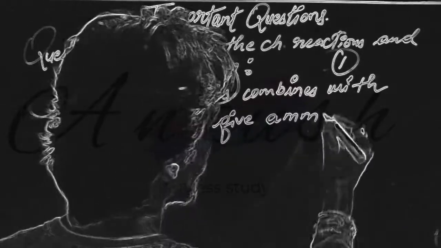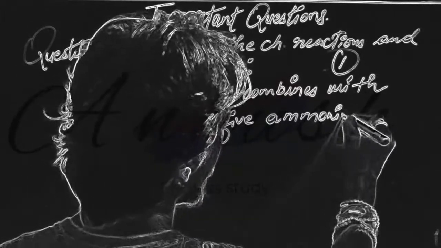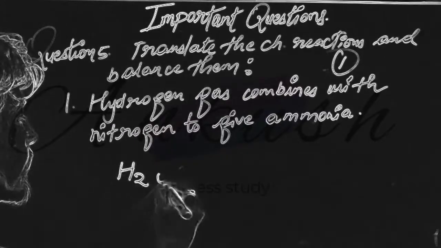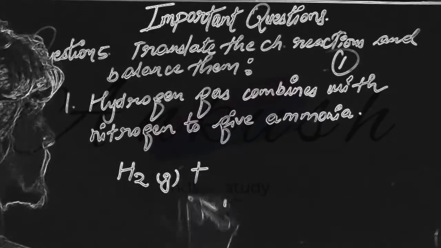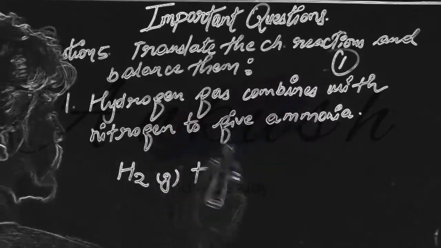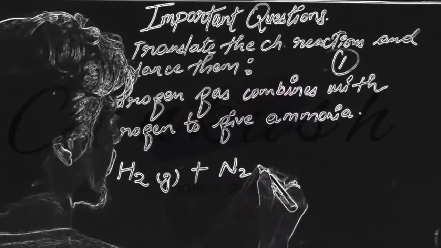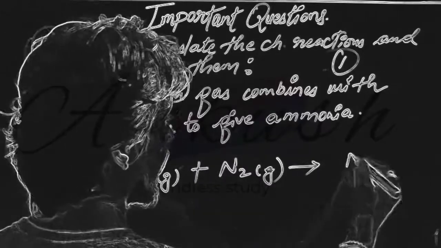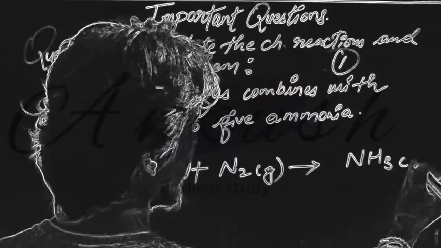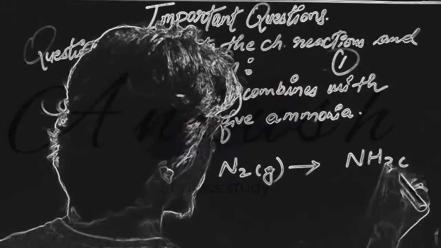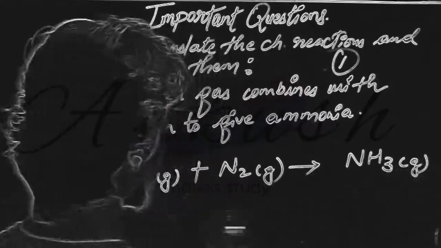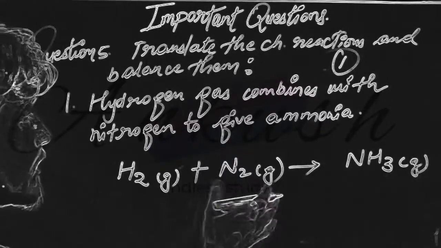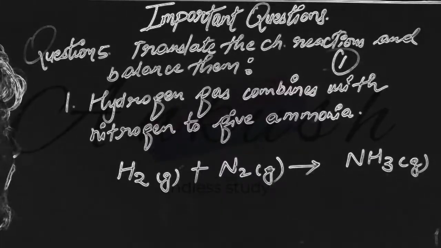Translate means it is written in the form of a sentence. Hydrogen gas, that is H2, it's a gas, plus, combines with nitrogen, N2, it is also a gas, gives ammonia, NH3, and ammonia is also a gas. When we write g, s, l or aq, these are the physical states of matter of the element.